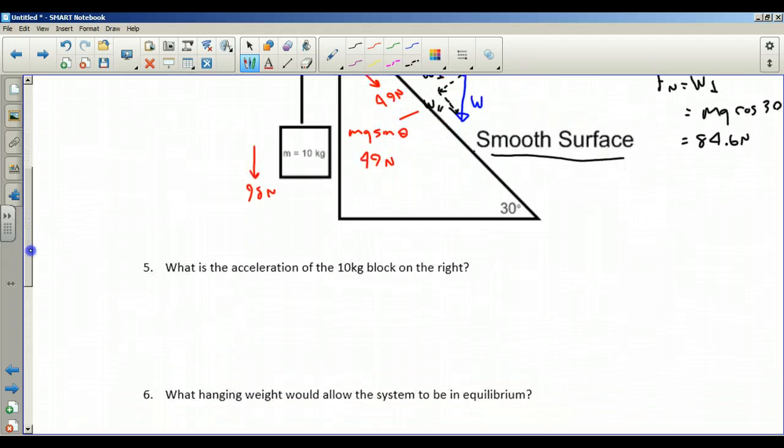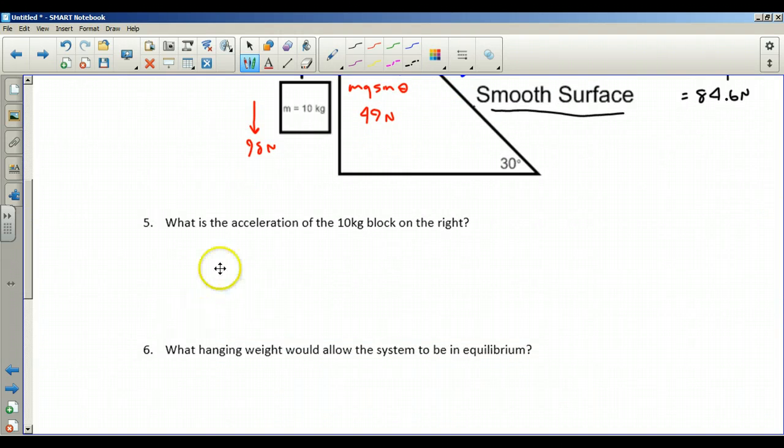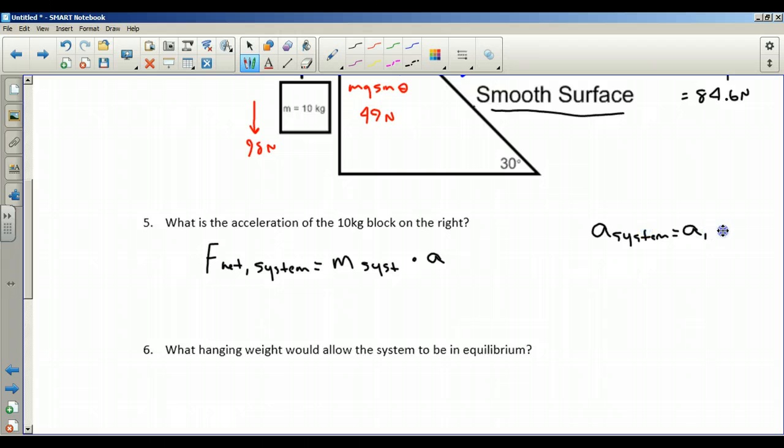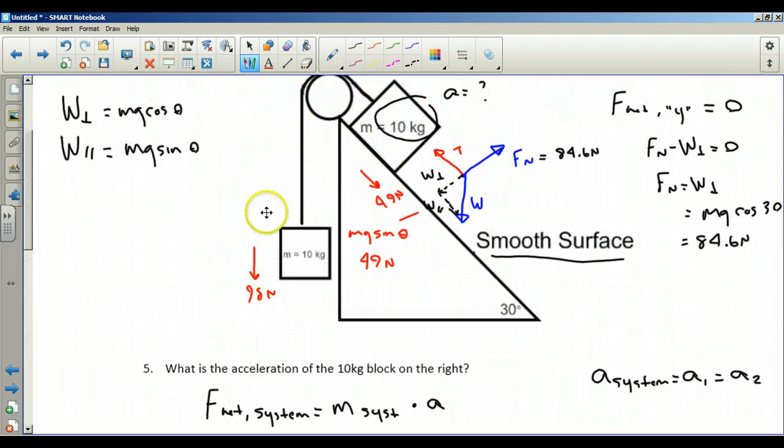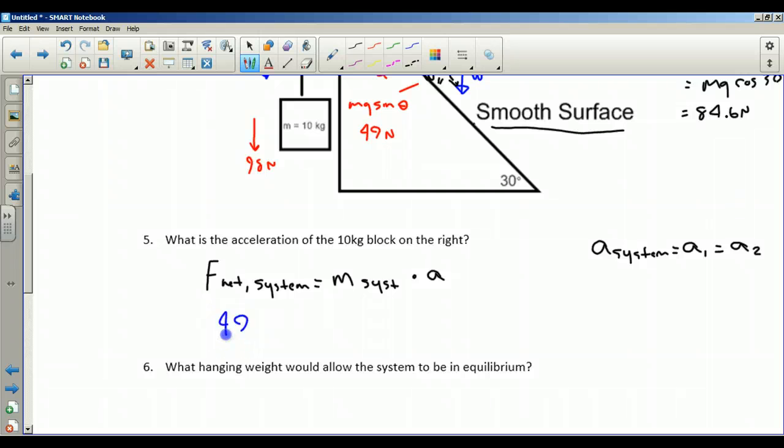So to find the acceleration of the 10 kilogram block on the right, we have to find the net force of the entire system, because the net force of the system will be equal to the mass of the system times the acceleration of the system, and the acceleration of the system equals the acceleration of each individual block. So A1 equals A2. So think of it as a tug of war, 98 newtons pulling this way, and 49 newtons pulling this way. So our net force then is 49 newtons.